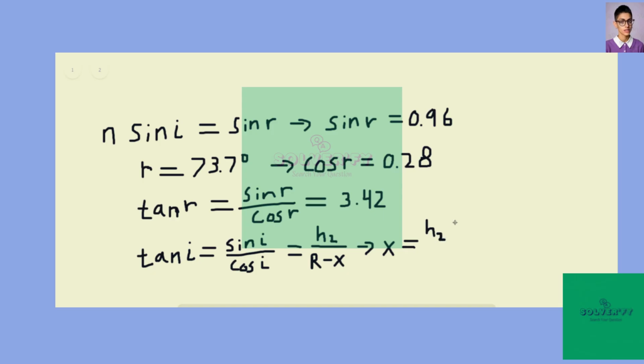And we find that x is equal to h2 times the cosine of I divided by the sine of I, minus R. Or in other words, x is equal to 4 centimeters.